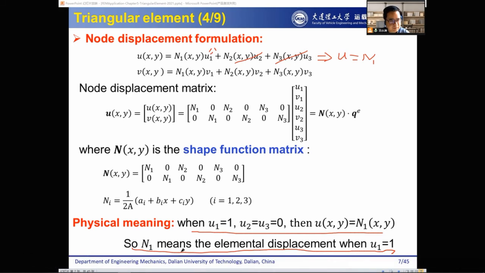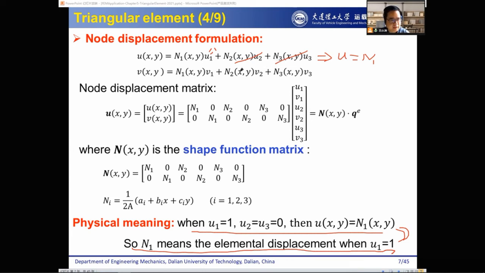But always we want to translate mathematics into physics, because once you translate into physics, you can understand it by your sense, or you can remember it longer. So this tells us the physical meaning of the shape function. N1 is the element displacement under the condition u1 equals 1 and the others equal 0.